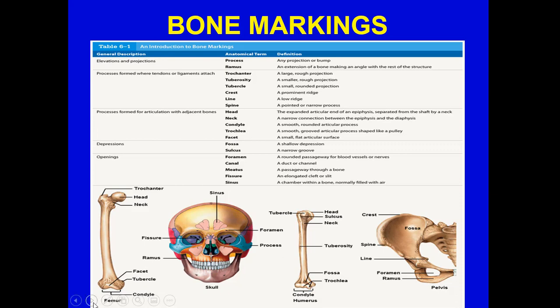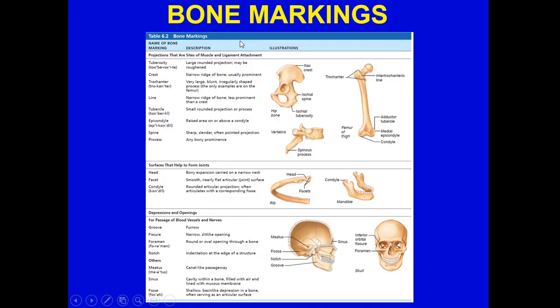Now here is another chart from another anatomy and physiology publication, and they even give you the pronunciation for some of them. They're a little tricky. You can see the condyles here, the head, the fossae, and all of these other bone markings. It is extremely important that you start getting these down now.